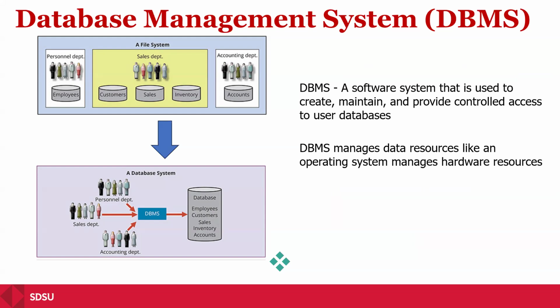In this case, it allows us to manage resources, like an operating system manages hardware resources. Here you can see file processing systems, with three different departments using different versions of different files.